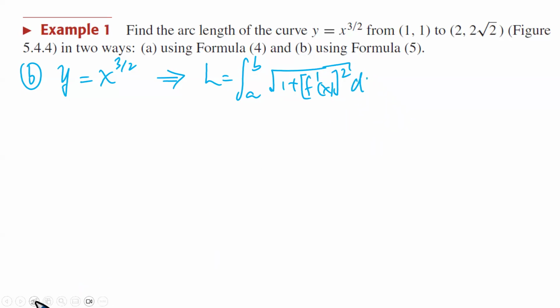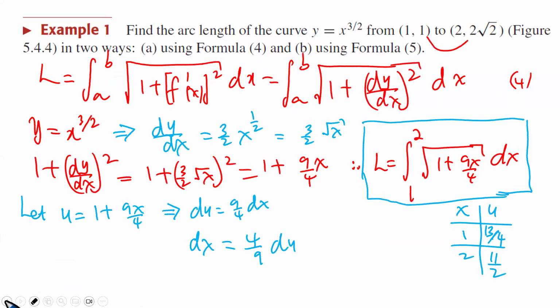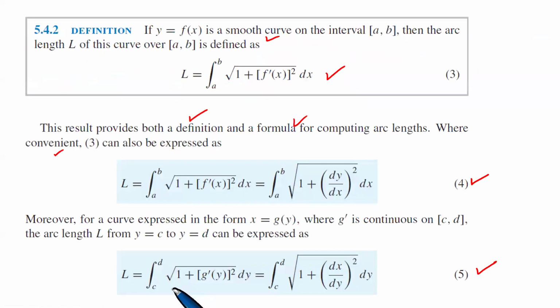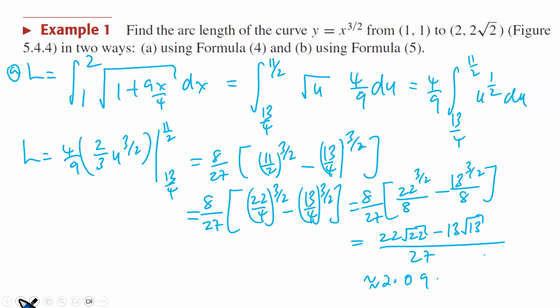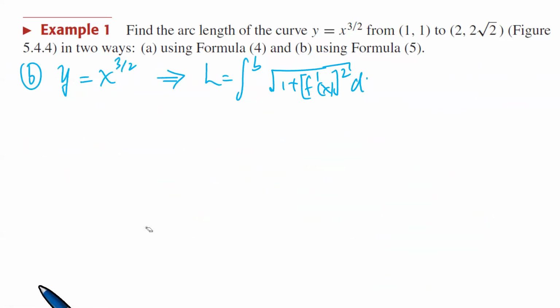It is g of y, in which case it is exactly this one here. So it's c to d, g prime of y, and then dy. Let us use the c and the d limits of integration.